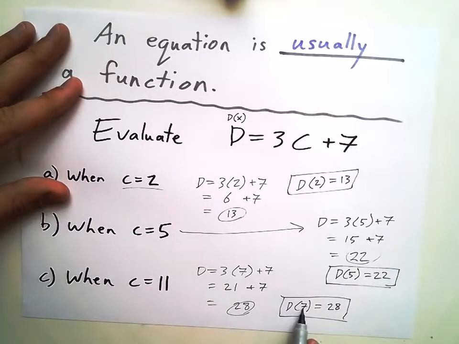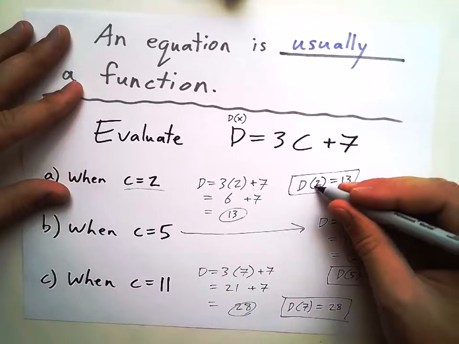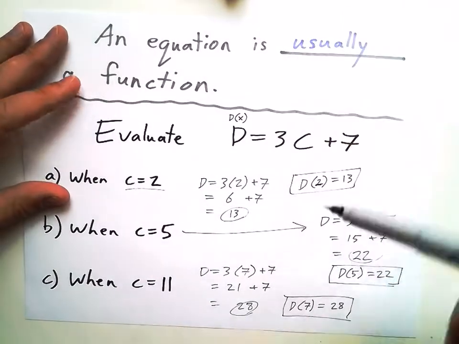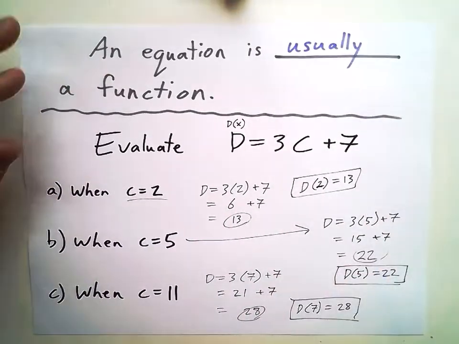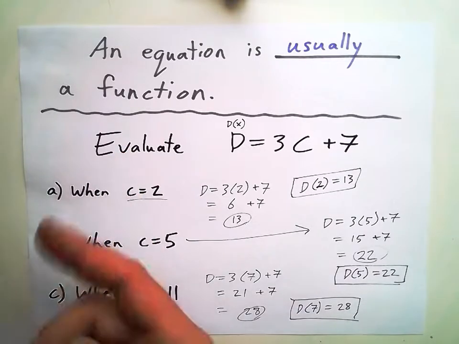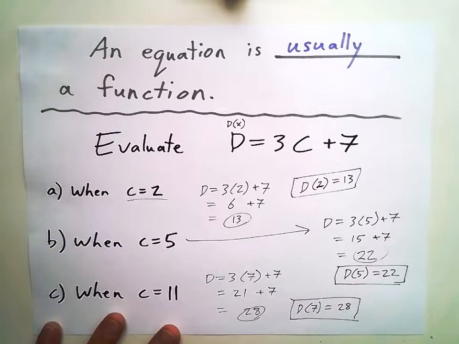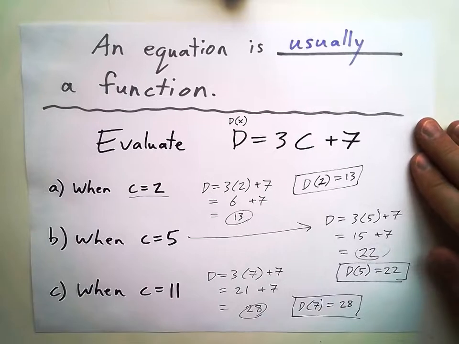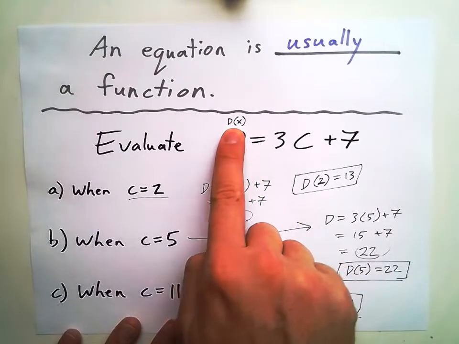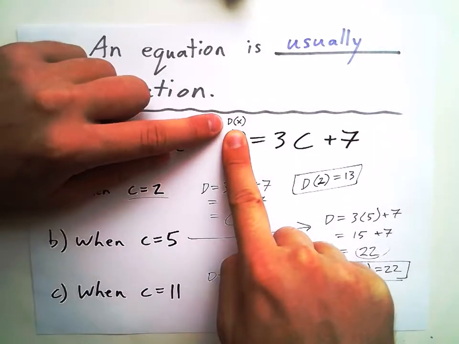So the number in there is the input value that you're plugging in for the variable c. Okay, obviously this could get more complicated with fancier different equations, but that's basically how that works when it says evaluate. Just plug in the value of the variable. And that is function notation.